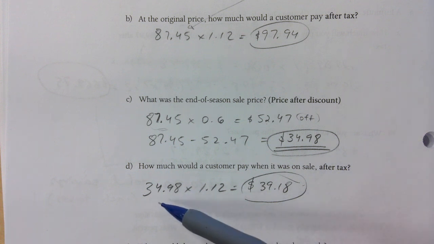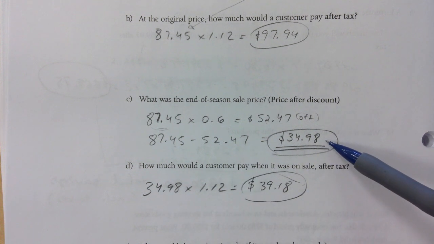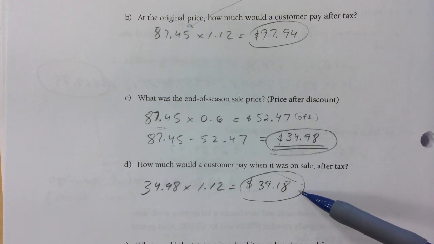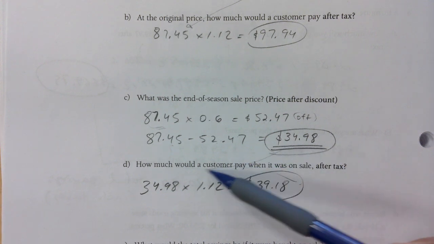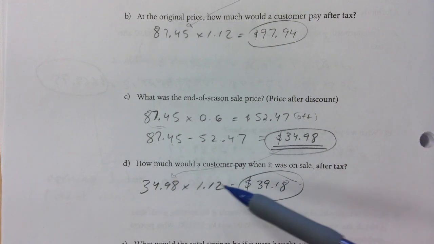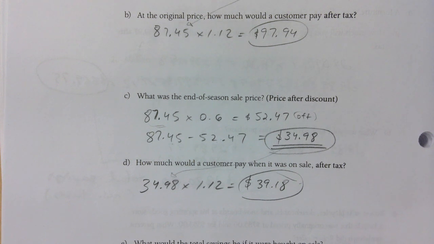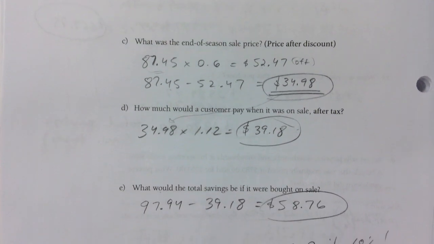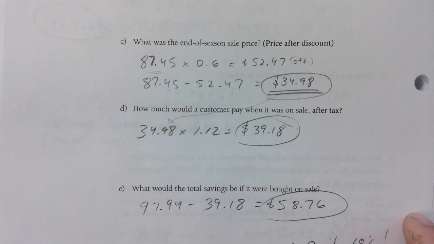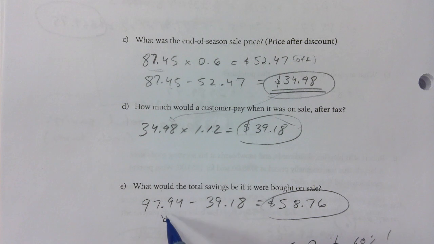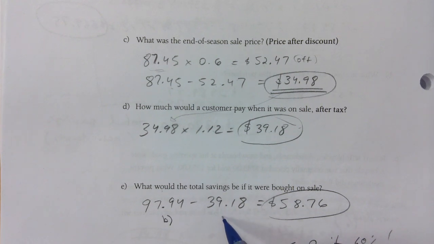And so this is how much it is, price after discount. And if you want the sale price after tax, just take this, add taxes to it, you get 39.18. Total savings. I basically take this from B and this is from D, right?